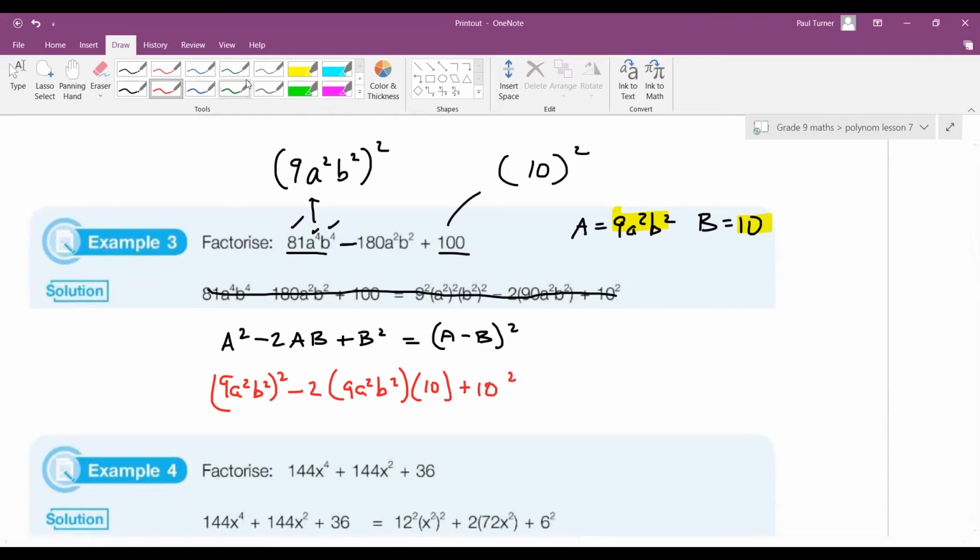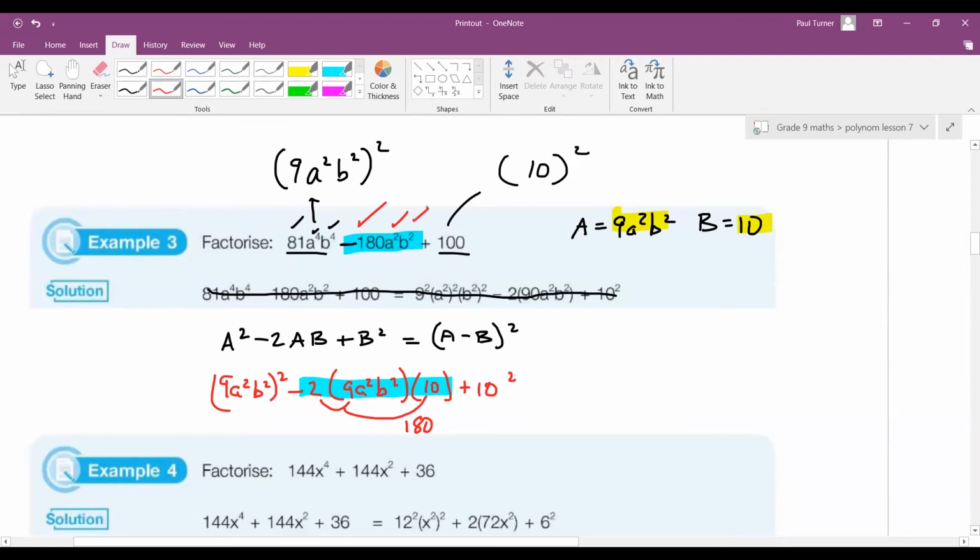So the key here is to check your middle term, that these are the same. That's the one that we need to check because we know the first and last one are correct already. So 2 9s are 18. 18 times 10 is 180. So you see here, yeah, minus 180, so that's correct. And we have a squared, b squared here.